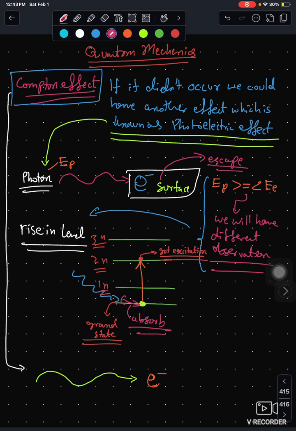We have talked about the scenarios above as well, but here the Compton effect is special.